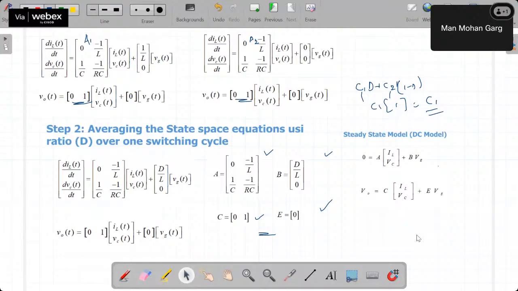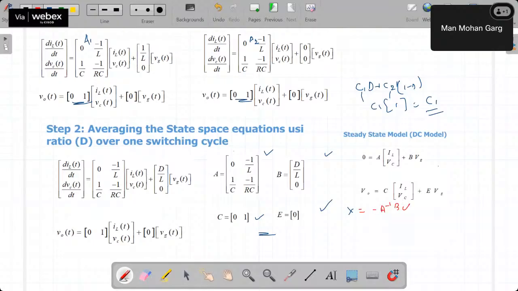We'll take it later. So now what we are doing here, we are just trying to find the average model. So we can directly use the equation we derived previously: X is equal to minus A inverse BU, right?